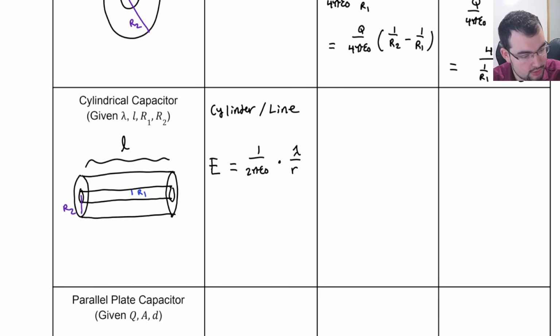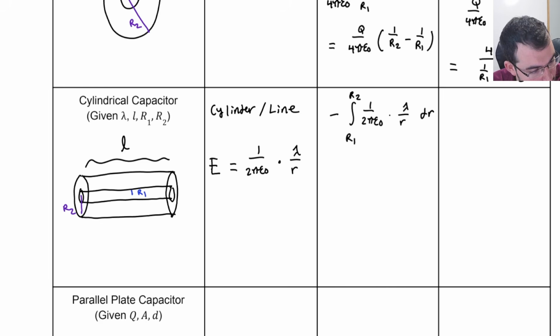So when we do our potential difference, we'll get a slightly different result. We still integrate in the middle region as per usual. We can pull out everything that's not the r, so we get 1 over negative lambda over 2 pi epsilon naught.